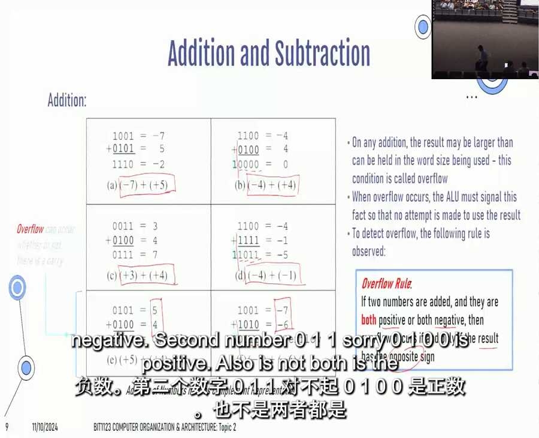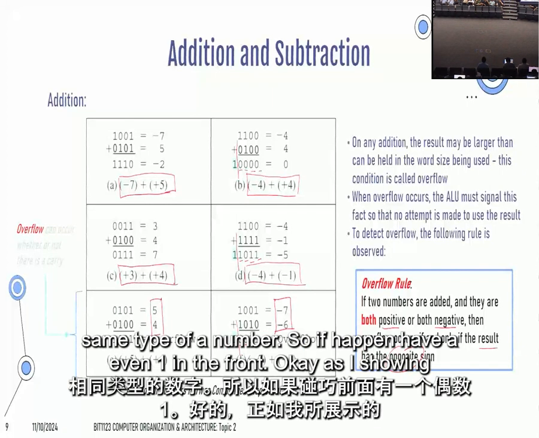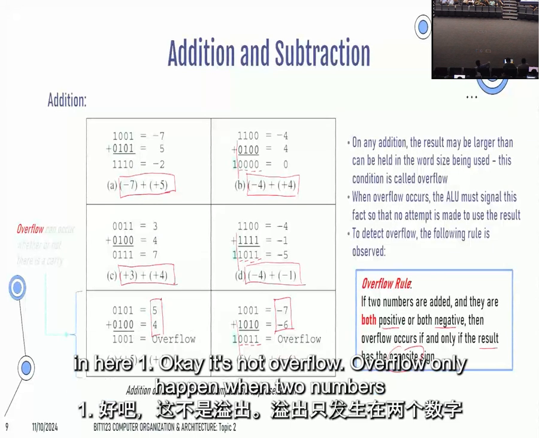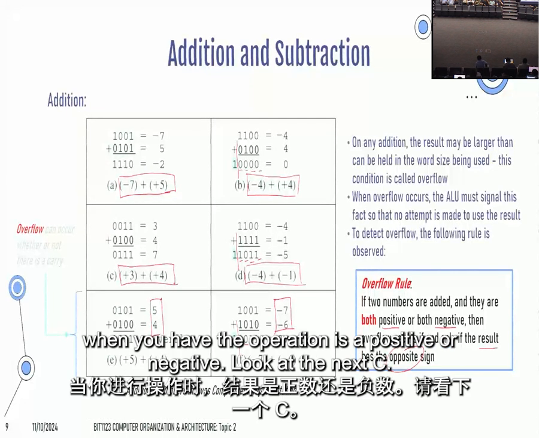It is also not both. It's not the same type of number. So even if you have a 1 in the front, as I showed here, it's not overflow. Overflow only happens when the two numbers in the operation are both positive or both negative.